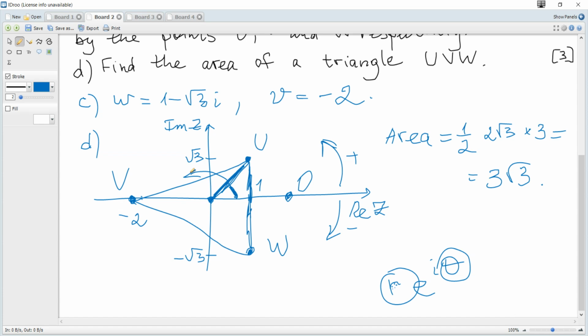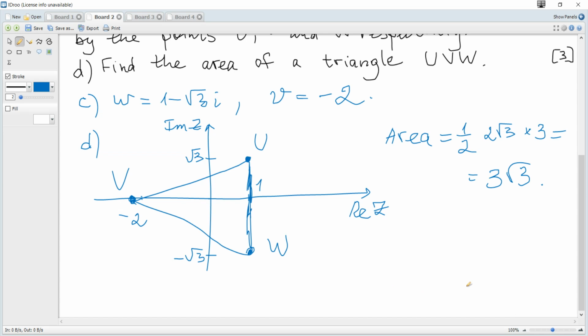It's the positive direction for angles, and the corresponding argument just increases by pi over 4. So we need to represent U, V and W in modulus-argument form, or Euler's form, and then just increase the argument by pi over 4.